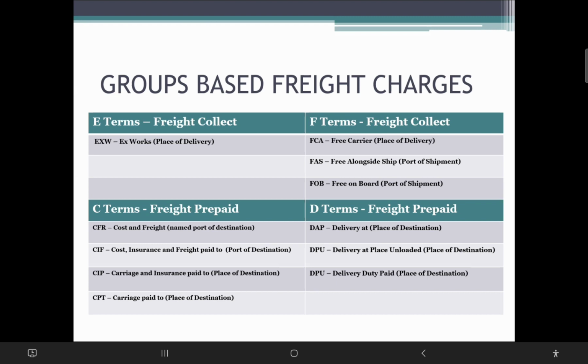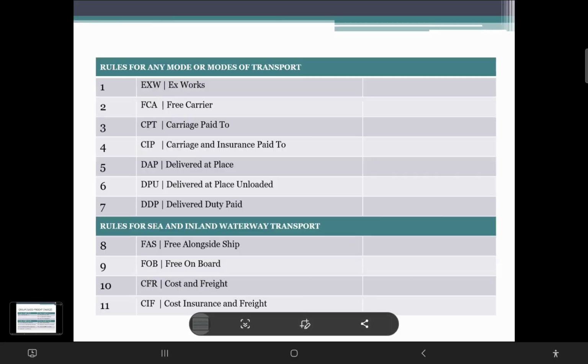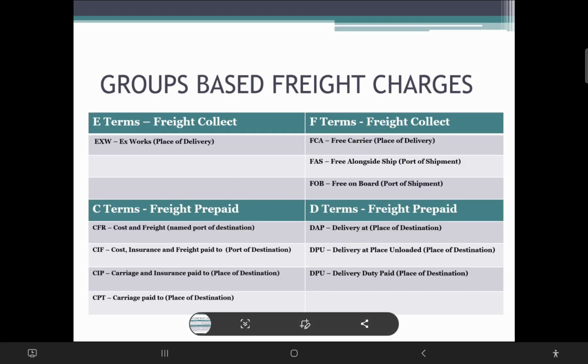We can also group them into four categories: E terms, F terms, C terms, and D terms. Under the E group, we have only one term, that is Ex Works, insert named place of delivery. Under F terms, we have three: FCA, FAS, and FOB. It is mixed, both any mode and only waterway.